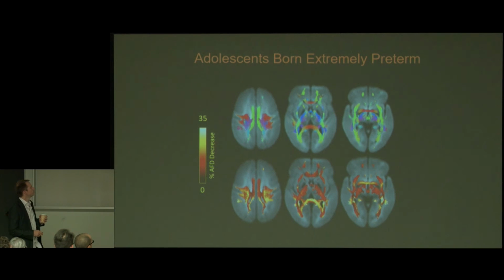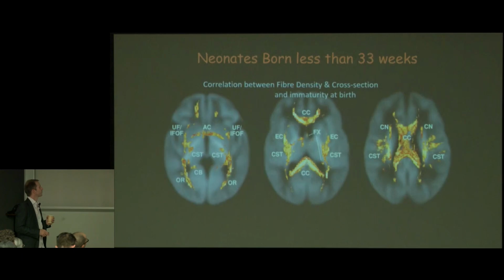Now this is looking at a cohort of adolescents that were born very preterm, and they're scanned at adolescence, so that's 12, 15 years later, and looking at the pattern of changes here, we get really quite marked decreases. So this is now color-coded by the effect size, so this is a percentage decrease in apparent fiber density. And you can see that in some cases there's really very marked reduction in the density, and quite extensive changes in the brain.